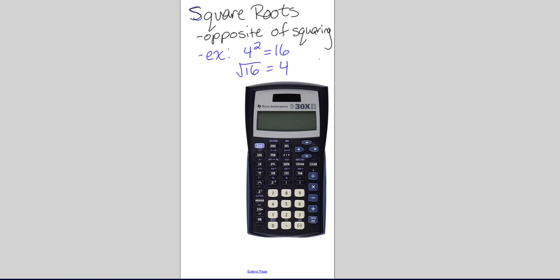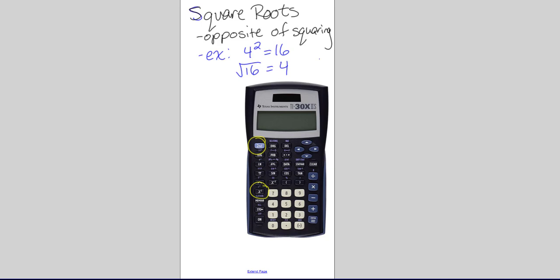So for this one in our calculator, let me switch to maybe yellow here so I can point this out. Right here, you have x squared, right below that exponent button, and then above that in light blue is the square root button. Anything in light blue above the actual button is where we have to hit the second button first. So when we hit second, then we're accessing whatever is above the actual button in light blue.